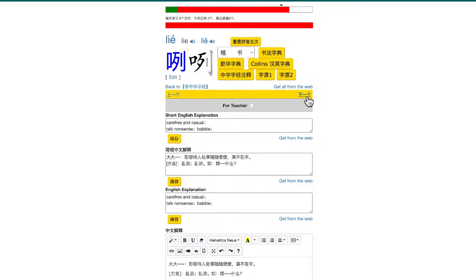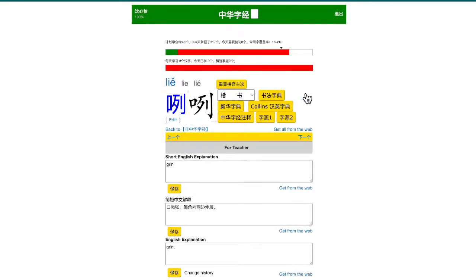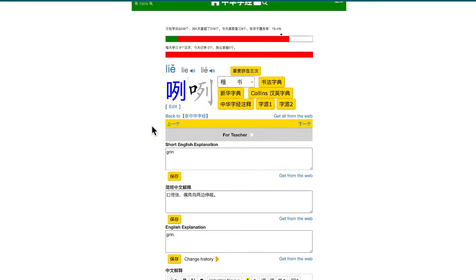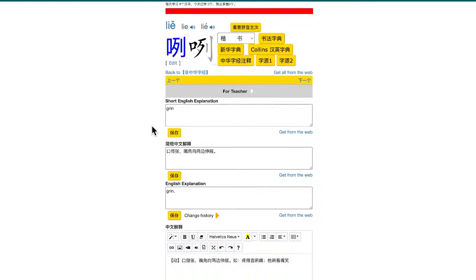Okay, and another way is 咧. Now 咧 is grin. That means you slightly open your mouth and the 嘴角, I don't know what the English is for 嘴角. This is the end of the mouth, that part that goes up.